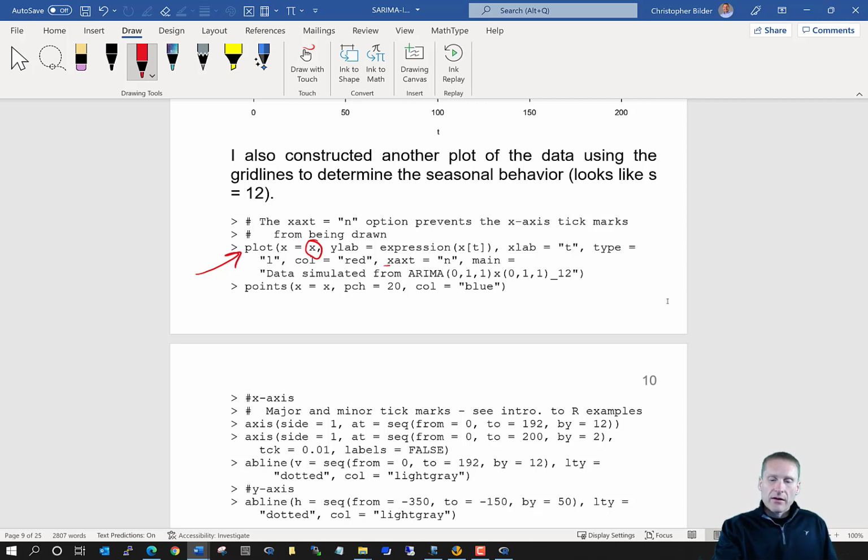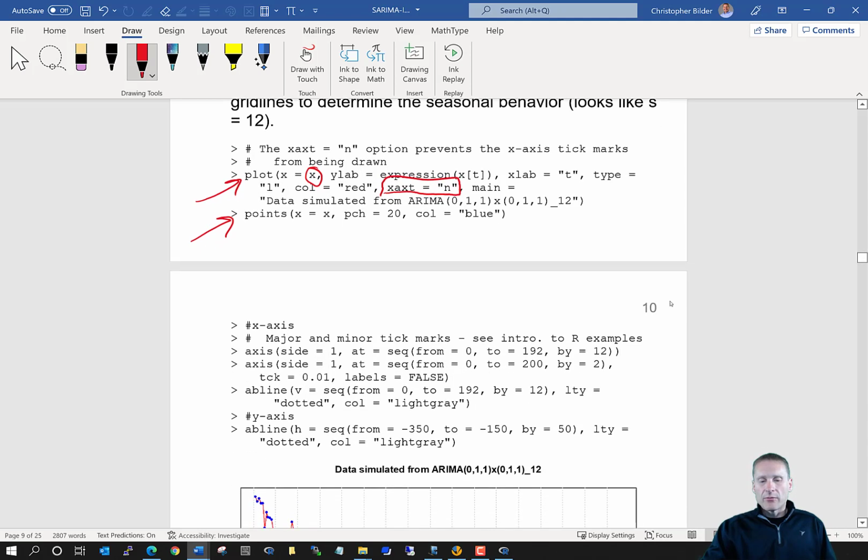Then I'm going to also include an xaxt equal n value, which says for my x-axis tick marks, do not draw anything. In fact, do not draw any numerical values there, because I want to have a little bit more firmer control of those values, as you will see shortly. I'm going to plot then the corresponding points as well, make them in blue.